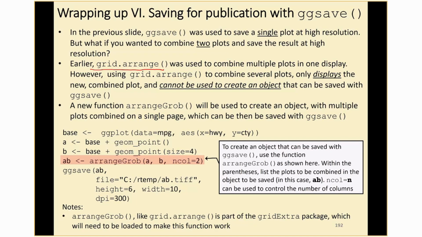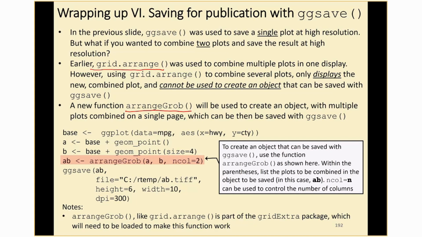It worked really well in terms of displaying this combined plot in the lower right-hand corner. But the problem is it can't be used to create an object that can be saved with ggSave. So what's the way out of the box? The way out of the box is to use a different function, a function called arrangeGrob, and that will enable us to create an object that can be saved with ggSave.